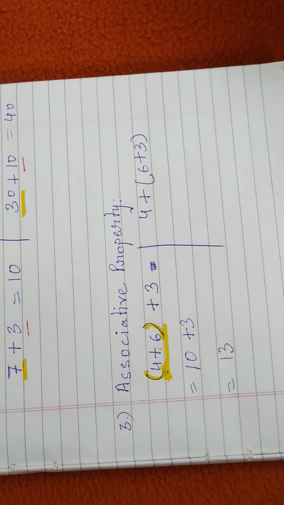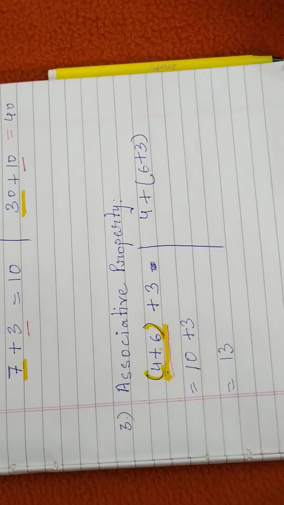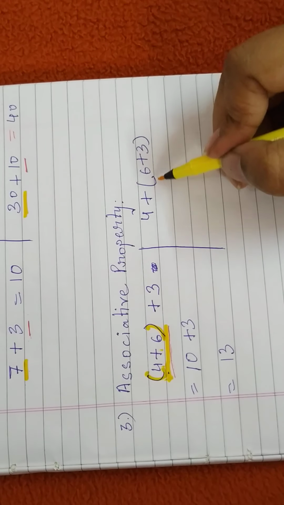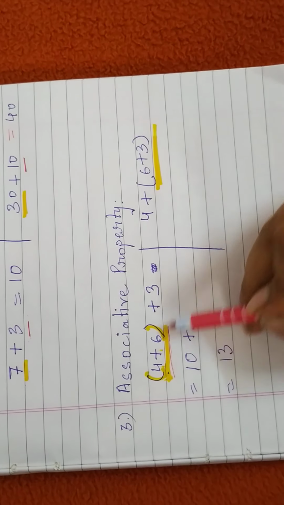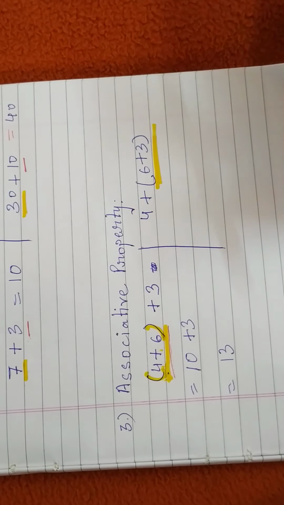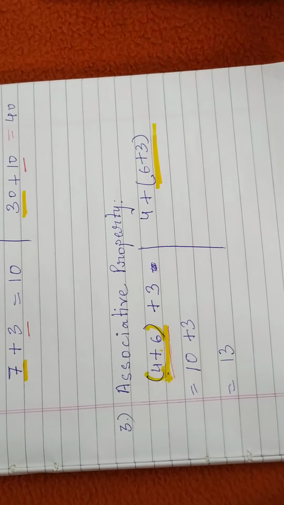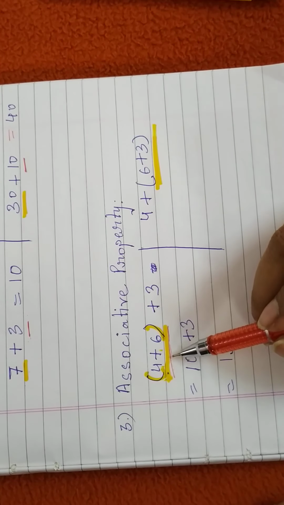In the first case, 4 plus 6 was in a group. Now in the second case, 6 plus 3 is in a group. Okay, addends are the same, dear. You see 4, 6, 3 and here also 4, 6, 3. Addends are the same. But what have we done? We have changed the group members.